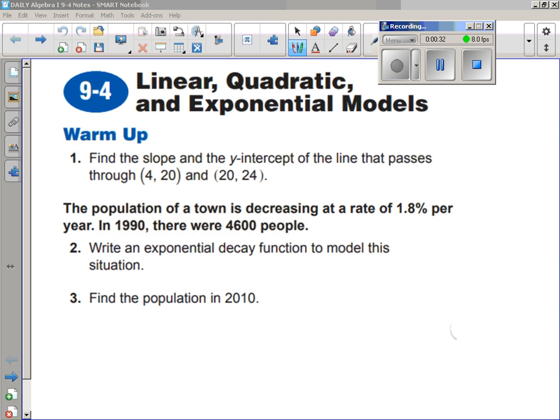Find the slope and the y-intercept of the line that passes through (4, 20) and (20, 24). So let's see if you guys remember how to find slope. There's a formula that you learned earlier on in the year, last semester.